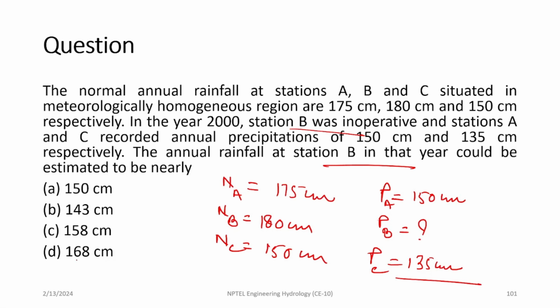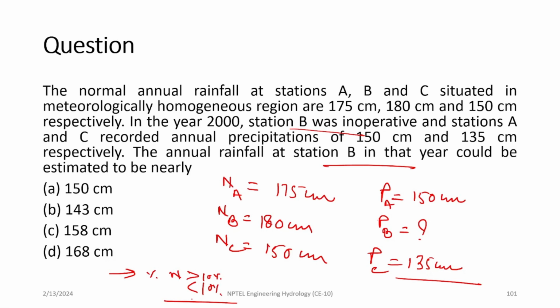Now again Ashish, firstly you have to check the percentage variability of normal annual rainfall, whether it is greater than 10% or less than 10%.